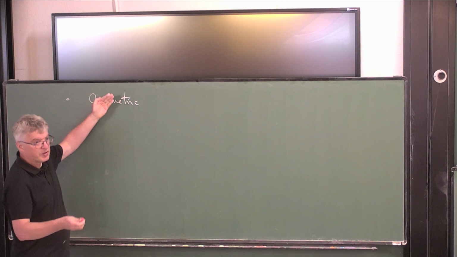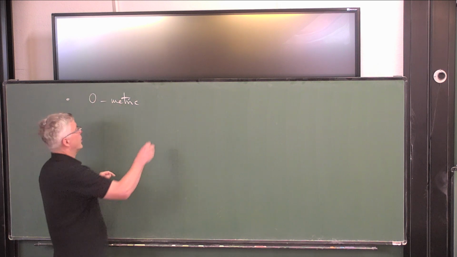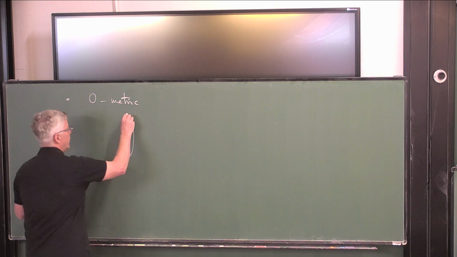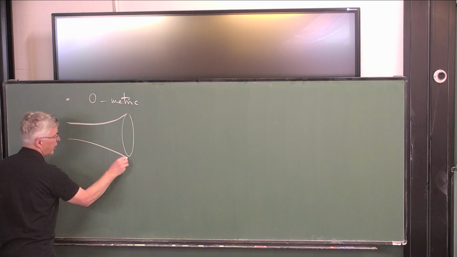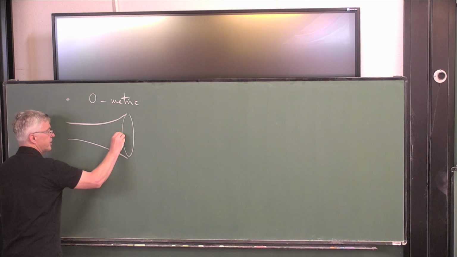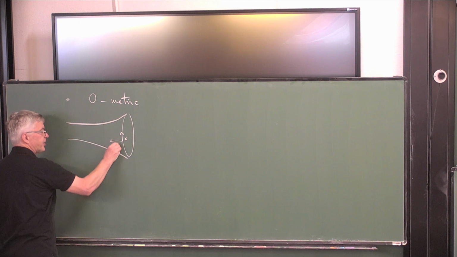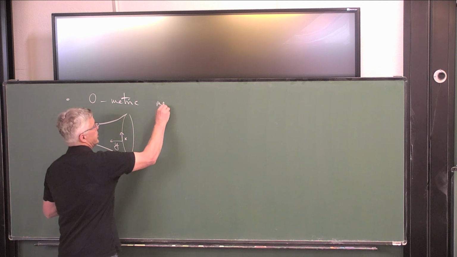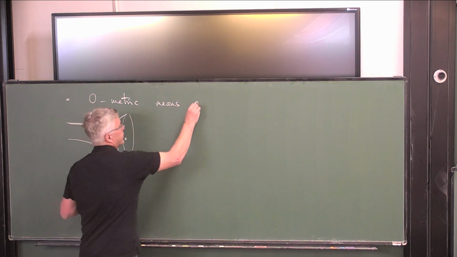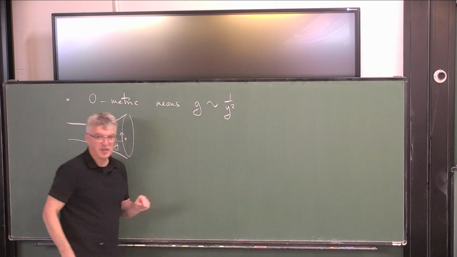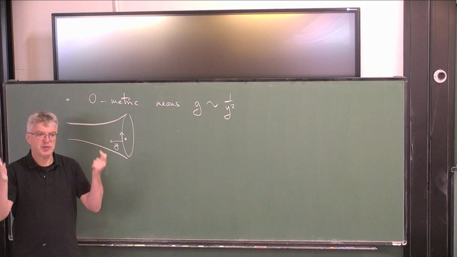In general, a zero metric on the surface would mean the following. Let's say we have our surface with boundary, and I introduce some coordinates. x is the coordinate along the boundary, y is the coordinate in this direction, and it just means that the metric has boundary behavior 1 over y squared near the boundary. So it's 1 over y squared times an ordinary metric.